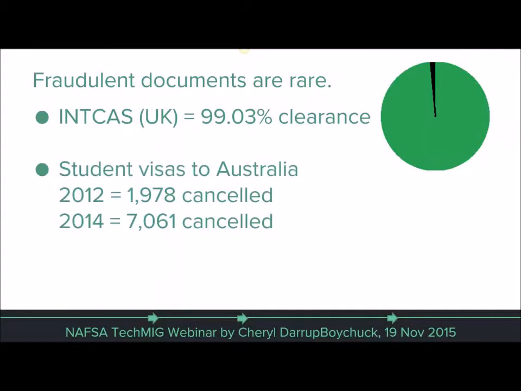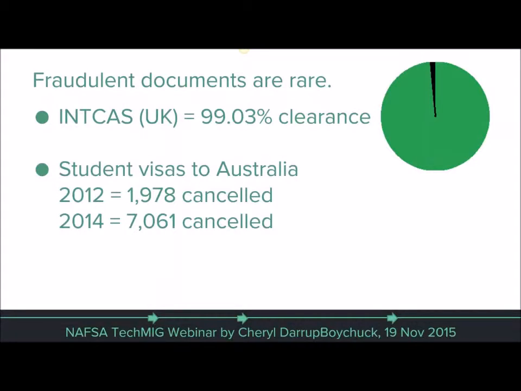So we have another example from Australia, another top host country. Between 2012 and 2014, Down Under witnessed a dramatic increase in the number of international student visas canceled or under review. According to reports, that number of canceled student visas increased from just under 2,000 in 2012 to just over 7,000 in 2014.